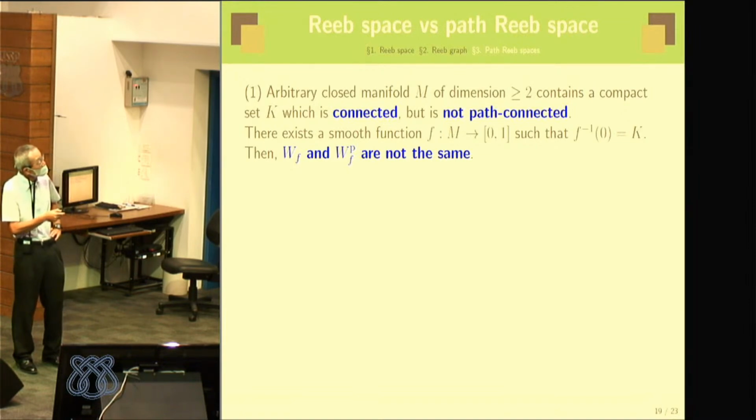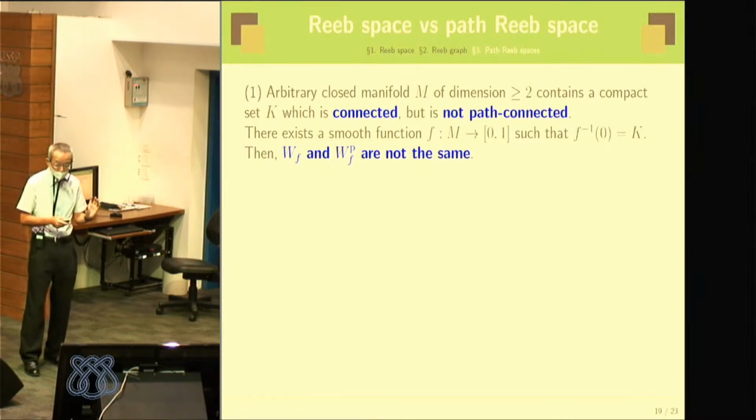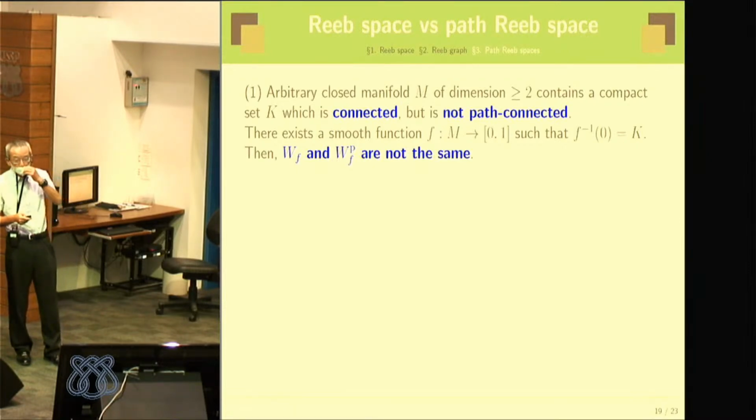So in order to show that the Reeb space and the path Reeb space are different from each other, it's not so difficult. Suppose you have a closed manifold, and then it is very easy to construct a compact set K which is connected but not path connected.